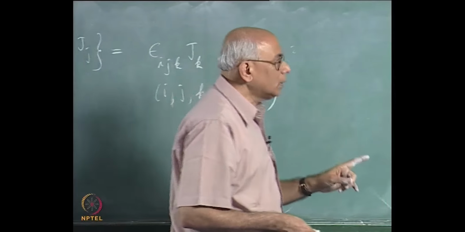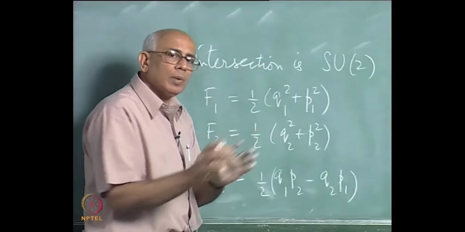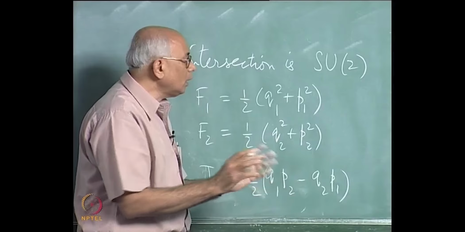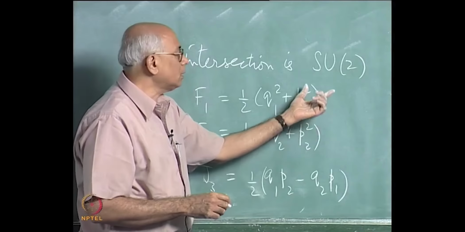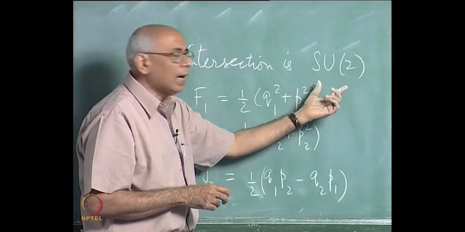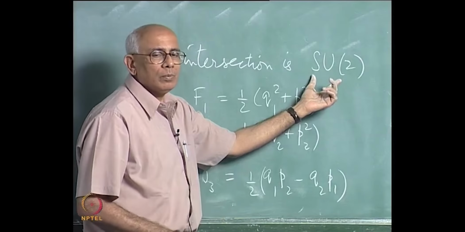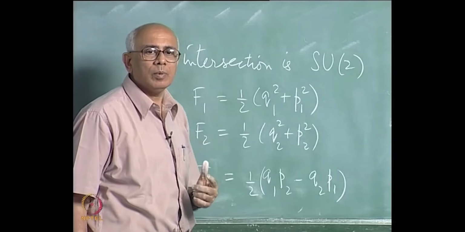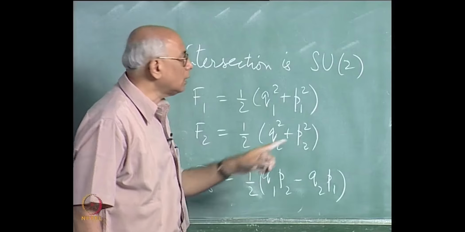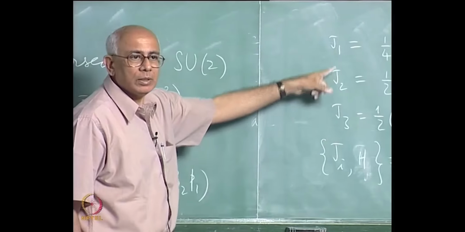That group can be put into one-to-one correspondence, the set of transformations, with the group of 2x2 unitary matrices, and this group has 3 generators which happen to be the same as those of angular momentum in 3 dimensions, and that is the reason why you have these combinations J1, J2, J3.